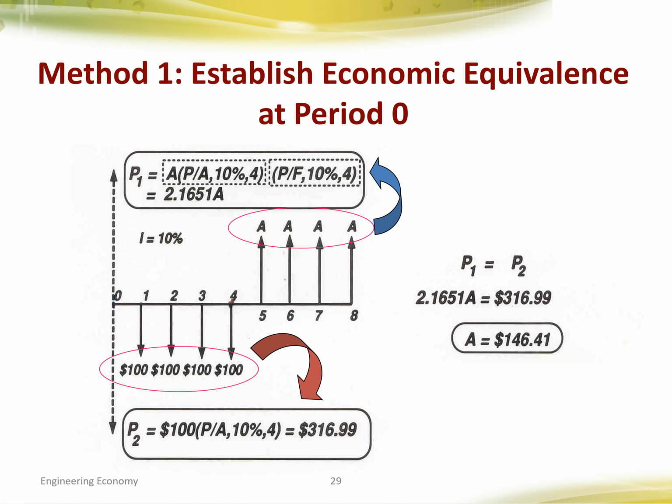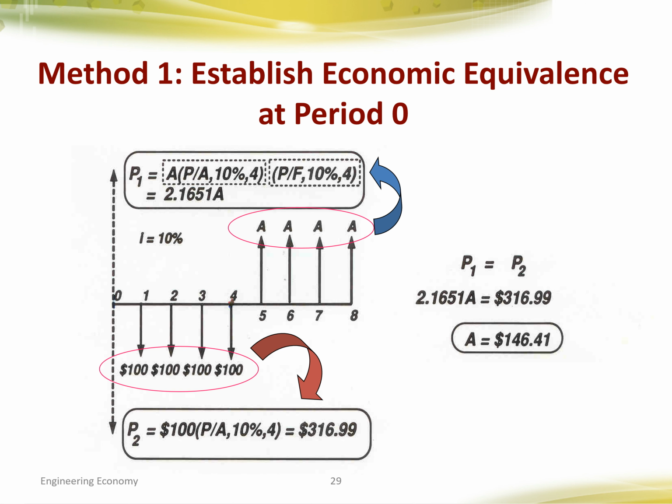So what we can do is we take this value and multiply by given F, find P at 10% with 4 periods.